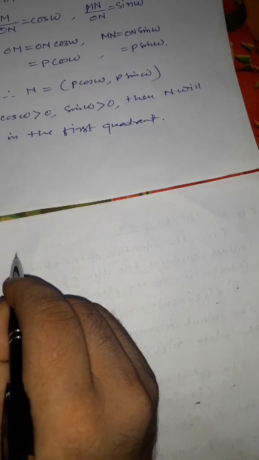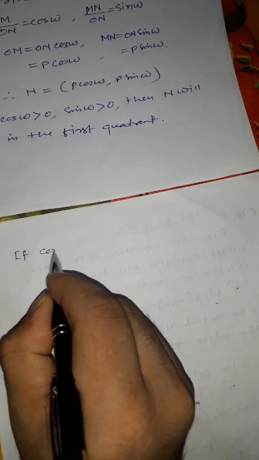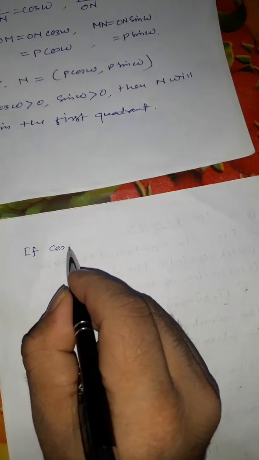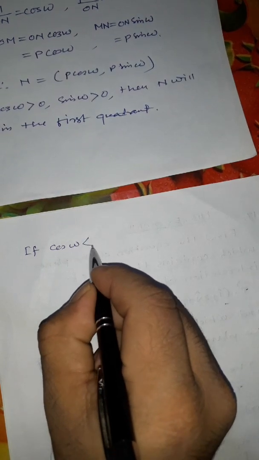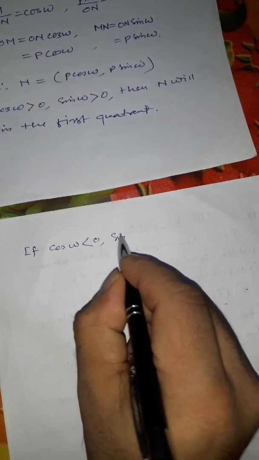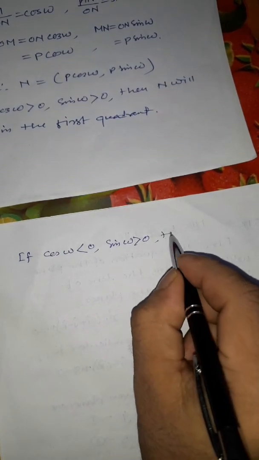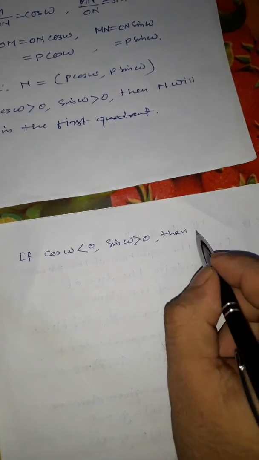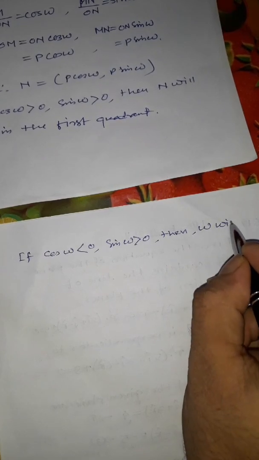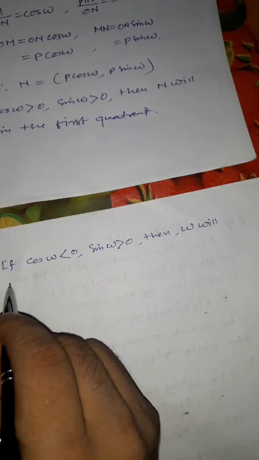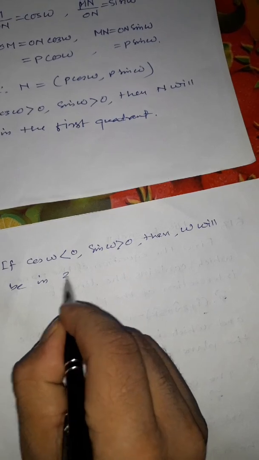And if cos omega is less than 0 and sin omega is greater than 0, then omega will be in the second quadrant.